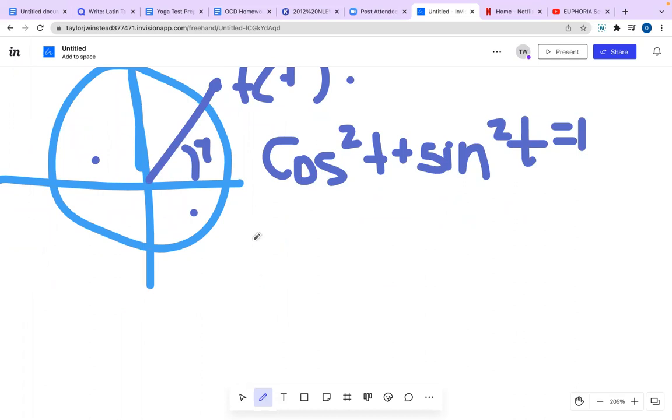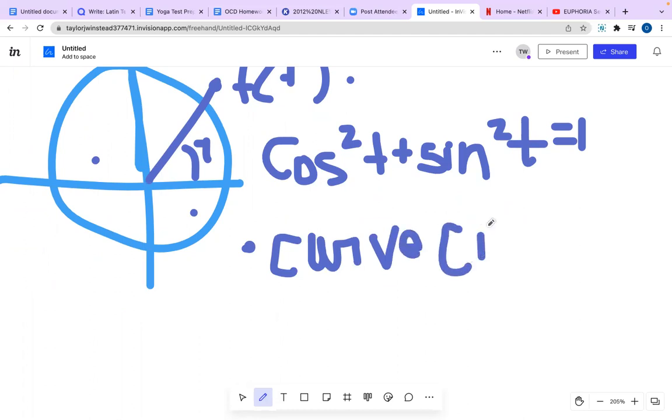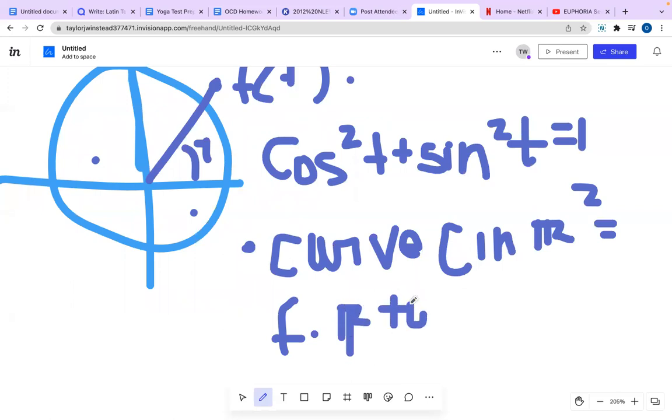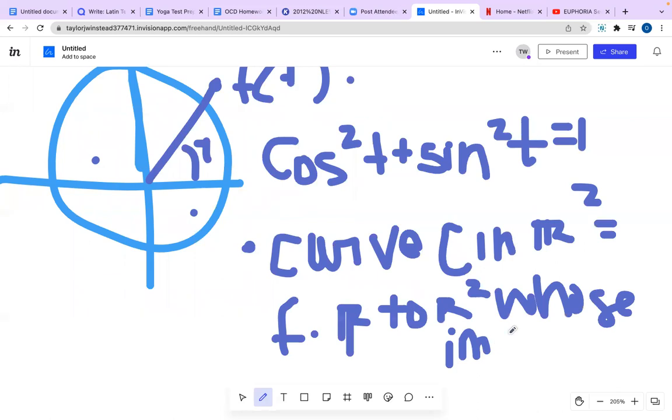And a general definition of parametrization: a parametrization of a curve C in R2 is a function F, F stands for function, from R to R2, whose image is C. Right.